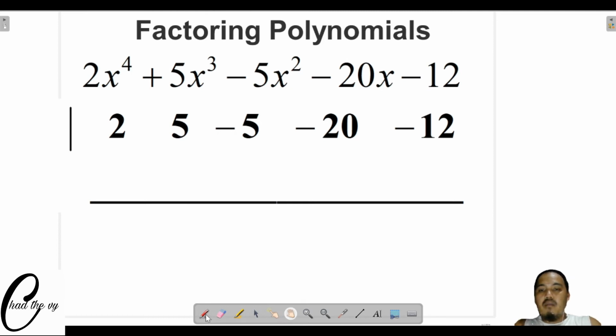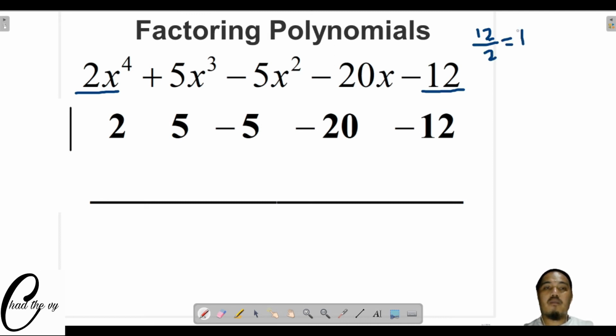And, syempre, apply natin yung root para madali natin malaman kung ano yung gagamitin nating possible root para ma-equate natin o mahanap natin yung factor ng ating polynomial. So, 12, ano ba yung factor ng 12? So, dito, meron tayo ditong 12 over 2.